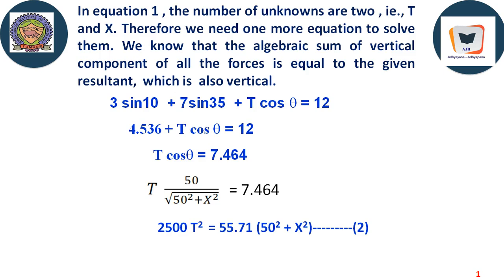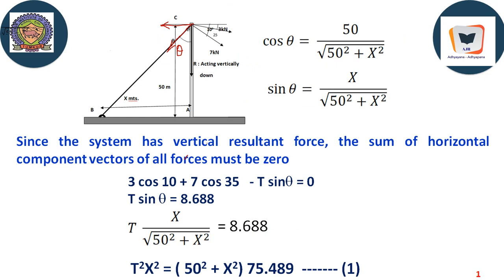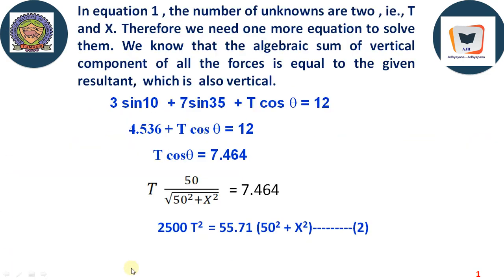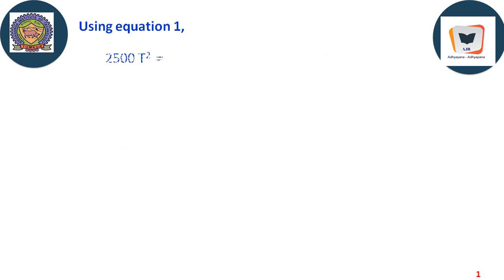See, 2500 T squared equals, and in the earlier equation we have an expression for T squared, and we will substitute that. For T squared we have an expression over here, so we make the substitution: T squared equals T squared x squared divided by 75.489 into 55.71.